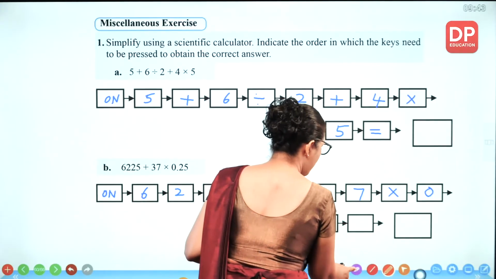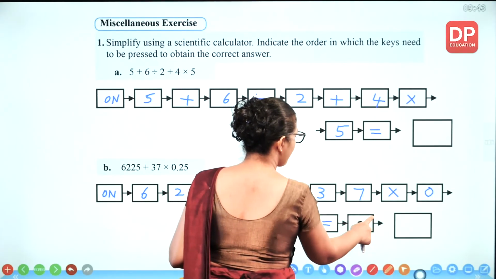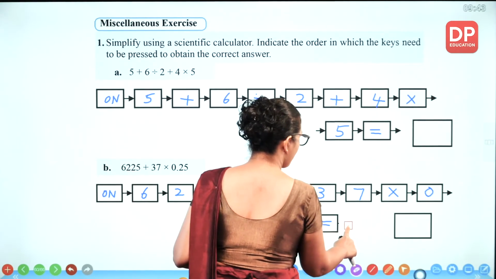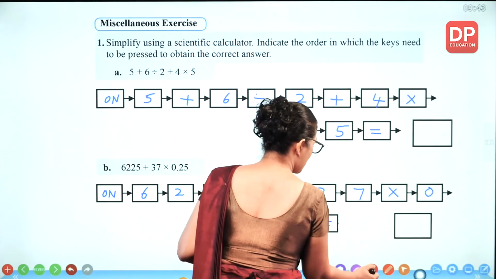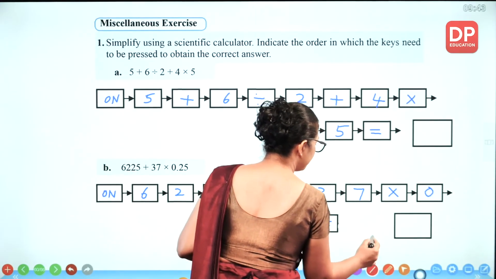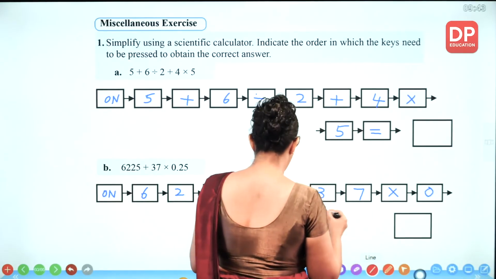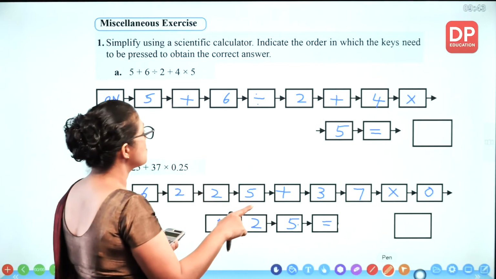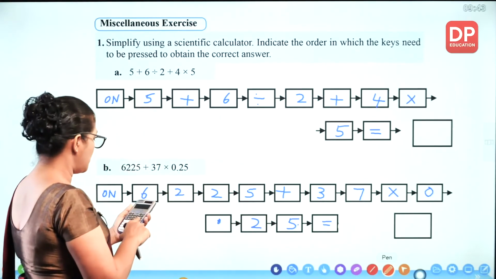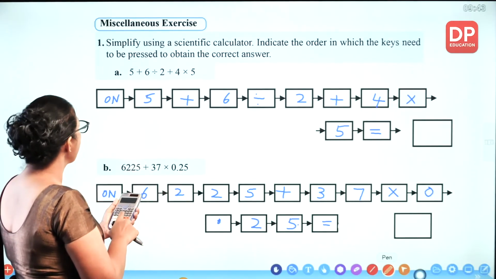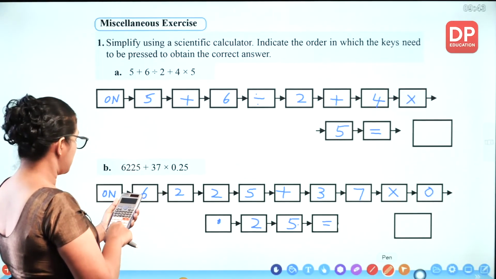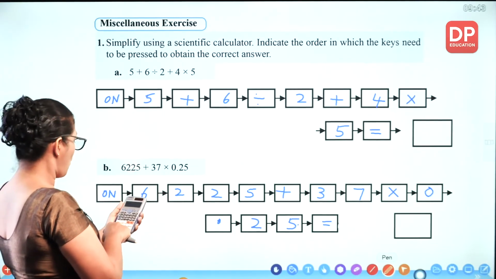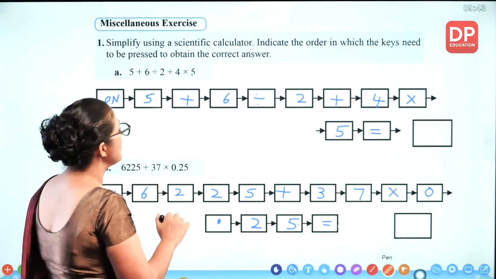This is an extra one. So what's the answer? We'll do the calculations for the first one. 5 plus 6 divide by 2 plus 4 times 5, 28.